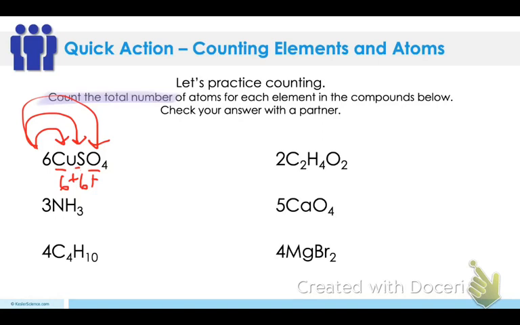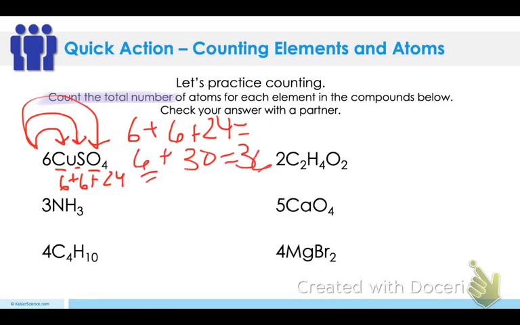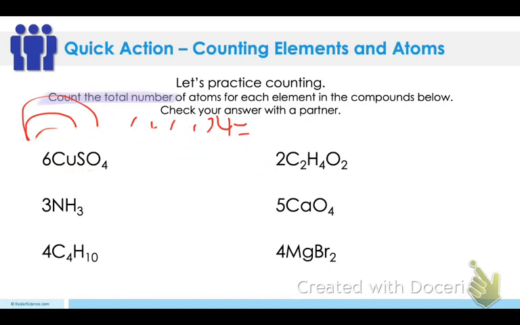And then 6 times 4 is 24. I'm going to write it a little bit bigger here. Alright, working backwards, 24 plus 6 is 30, plus 6 is 36. So again, I showed you 2 different ways. There are 2 different ways to find the answer.